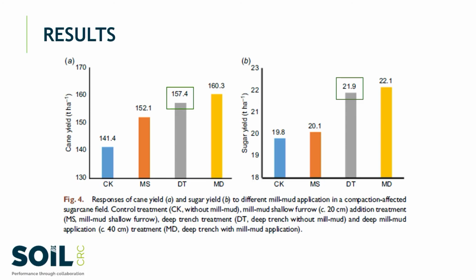And we finally linked our experiment theory to the yield of the sugarcane. We found it really interesting that in the deep trench treatments, without any mill mud application, they also showed an increased yield.